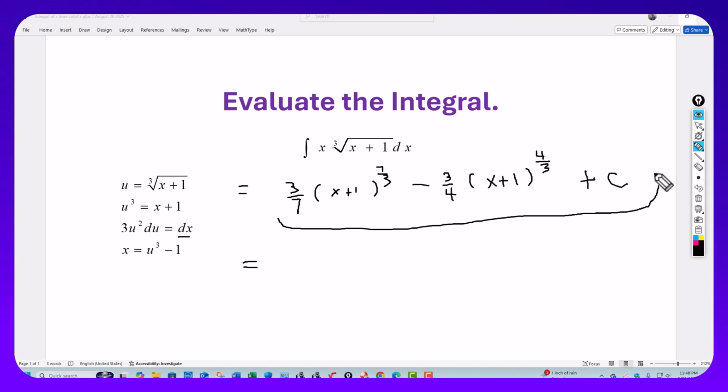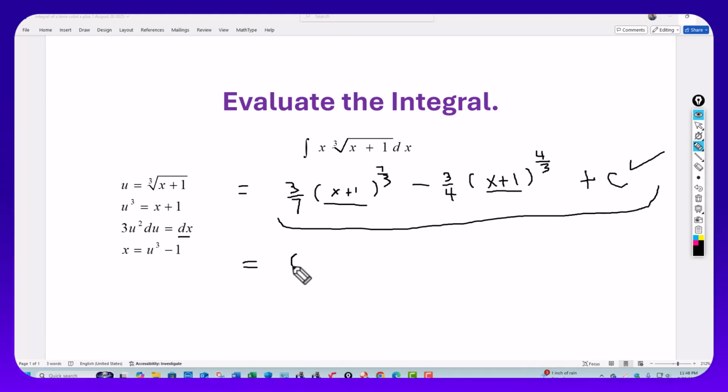Or they gave you the answer, and your answer doesn't look like the one they gave you. They might have factored out, let's say, an x plus 1 here, x plus 1 here. Again, I would accept this answer here. But you might see it in a different form, or you check the answer in the back of the book and it's different.